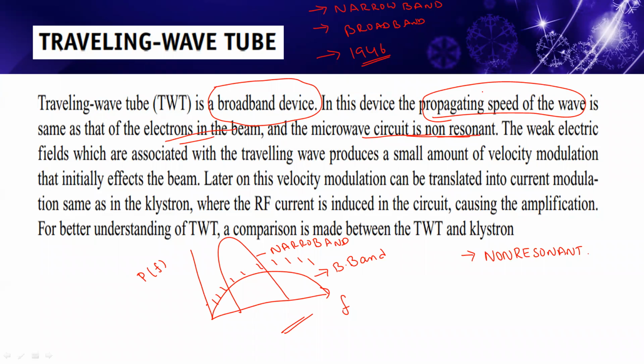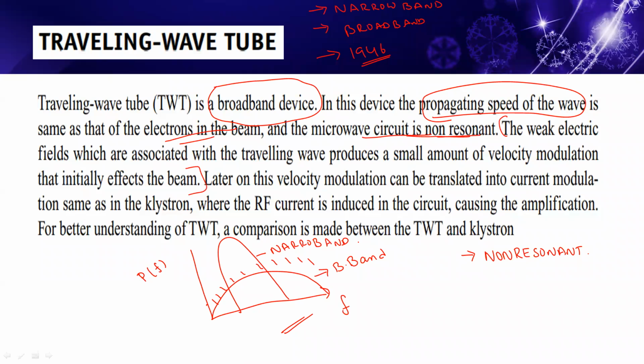So here I am talking about the principle of the traveling wave tube. The weak electrical fields which are associated with the traveling wave produce a small amount of velocity modulation, so that it initially affects the beam.